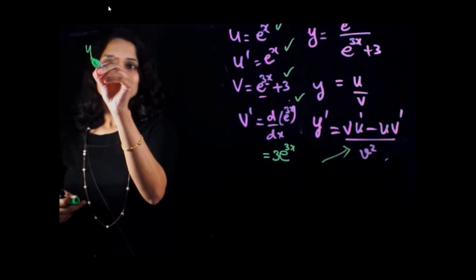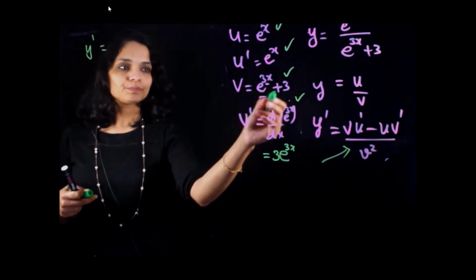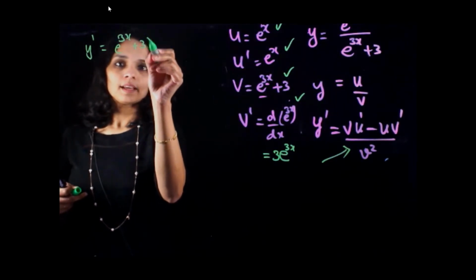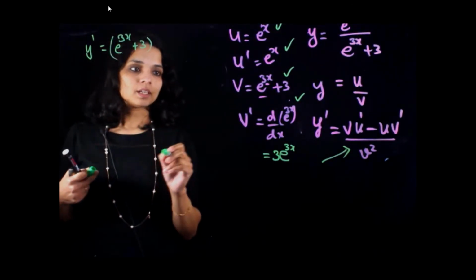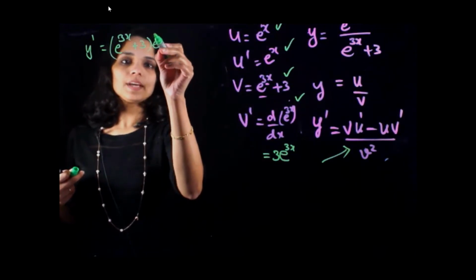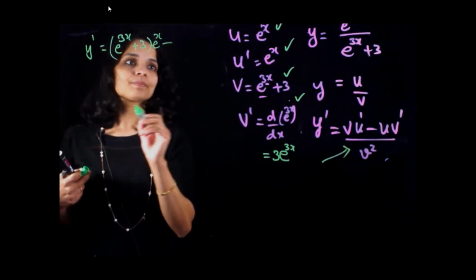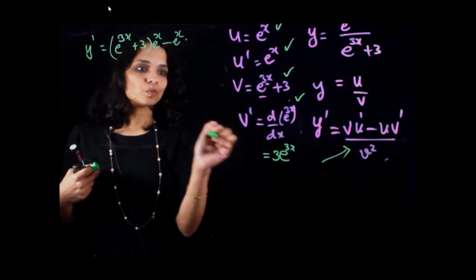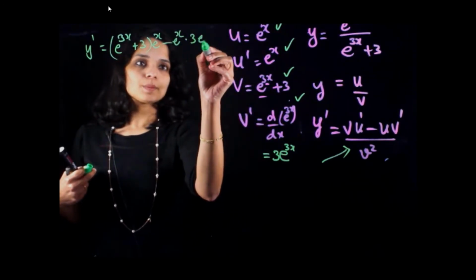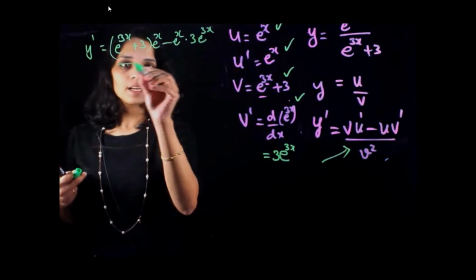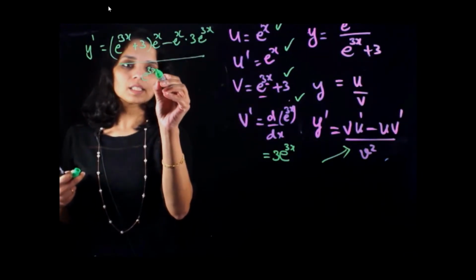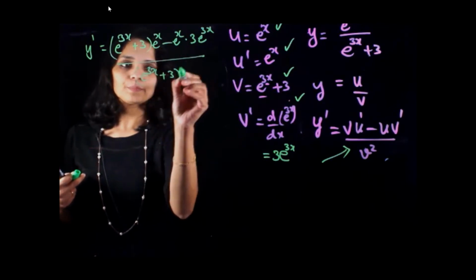So y dash equals v, which is e to the power 3x plus 3, times u dash, which is e to the power x, minus u, e to the power x, times v dash, 3 e to the power 3x, divided by v squared, which is e to the power 3x plus 3 the whole squared.